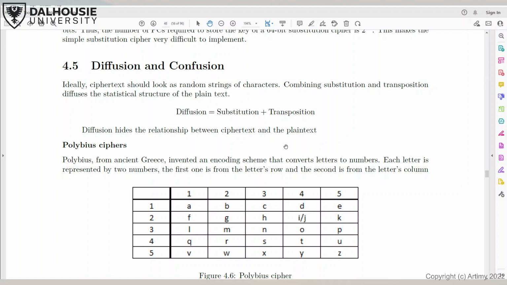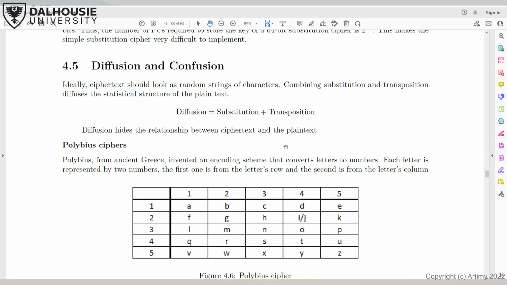This means that the common letters in the plain text will be common also in the ciphertext. So the relationship is there, right? We didn't hide it. If there is a word that repeats continuously, like "the" in English, we will find it in the ciphertext as well, just with different characters, right? Maybe not THE, but we will find 3 characters being repeated all the time, right? So that's what we call a relationship between the ciphertext and plain text.